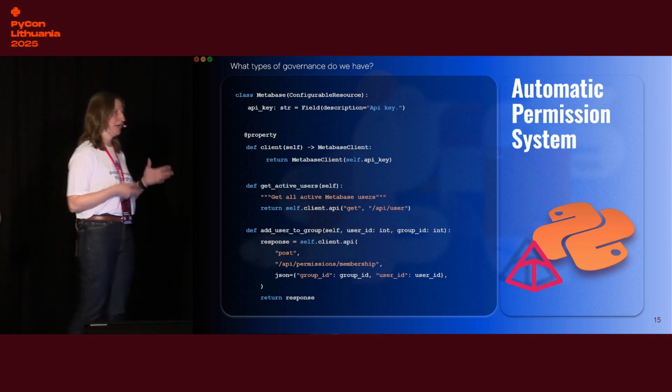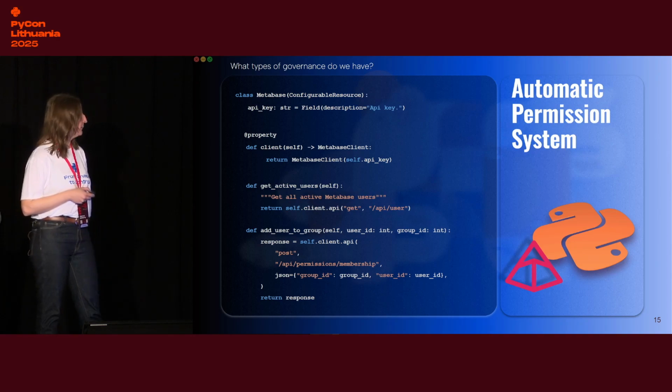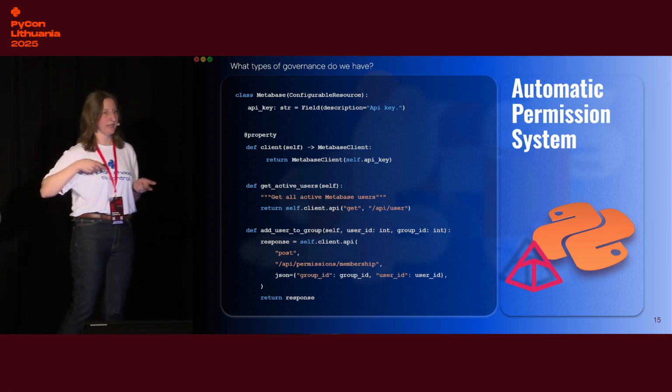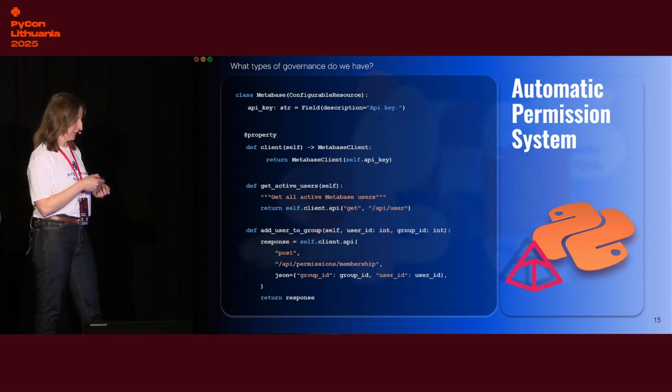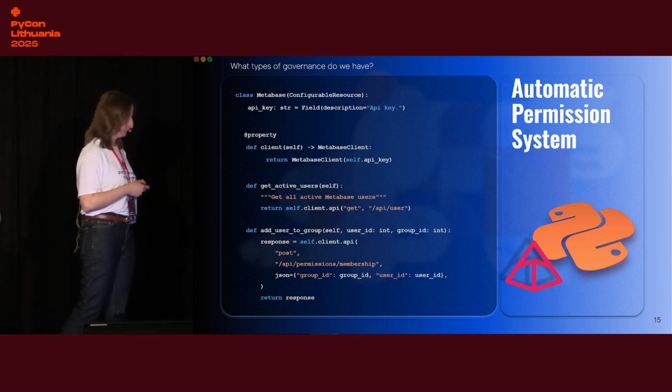So Pydantic, for whoever doesn't know it, is just a validation library in Python, which validates any input from the user. So I have an input to this resource, which is my API key to connect to metabase, and Pydantic is just this verification here if everything is correct at this input level.